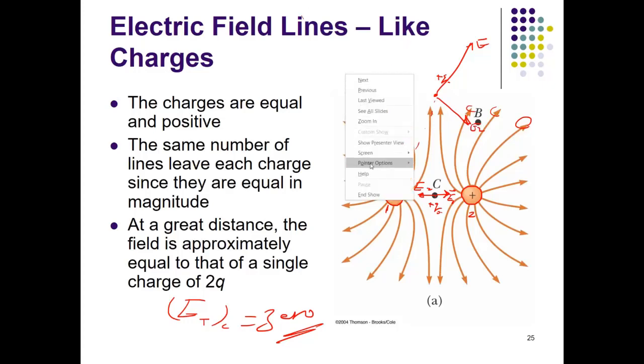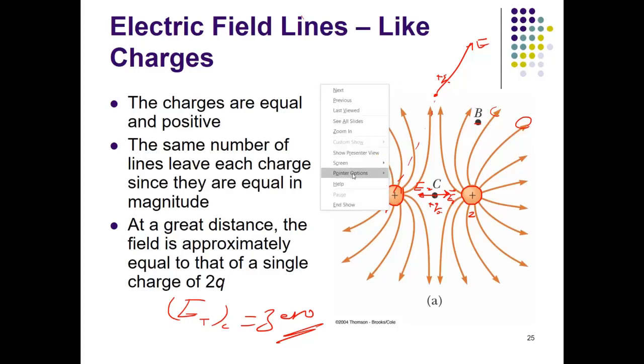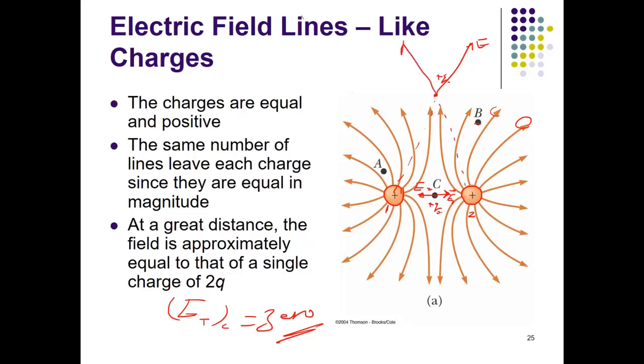Let me erase this. Again, go back, pointer options, pen. So the electric field from Q2 will be that way. So it's like the letter V, right?